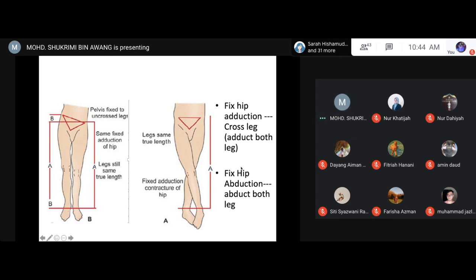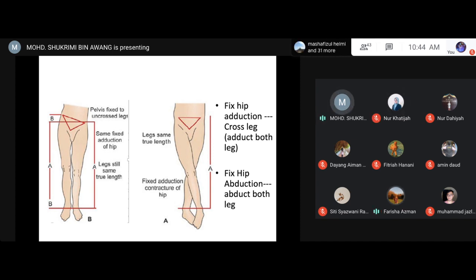So how to square the pelvis? In fixed adduction, we further adduct or cross the leg. In case of fixed abduction of the hip, we further abduct both legs, so the pelvis later on will be square, and only after that you measure. Understand? Get it or not? Yes, Prof.